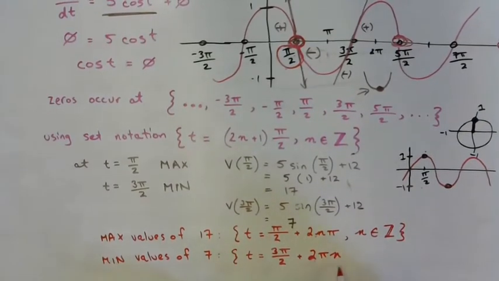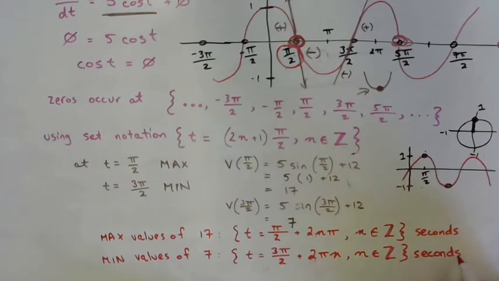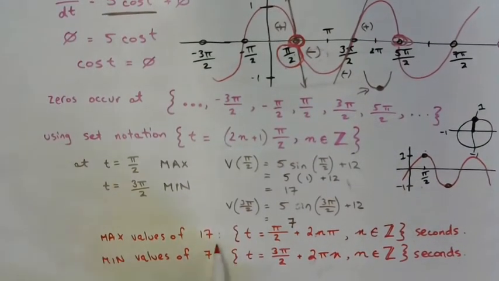I'm not sure why they put the variable in between two values, but anyway, that also comes from the set of integers. And this is our answers for time, so this is in seconds. And again, these are the times at which the maximum values occur, and these are the times at which the minimum value occurs, repeated.